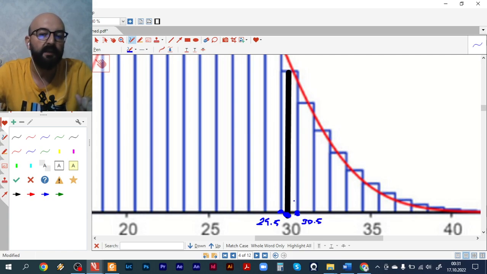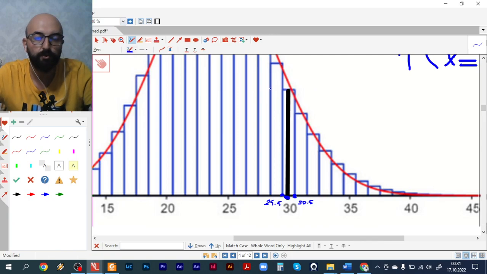If you want the probability of 30 using normal distribution, you should compute the area under the curve between 29.5 and 30.5.